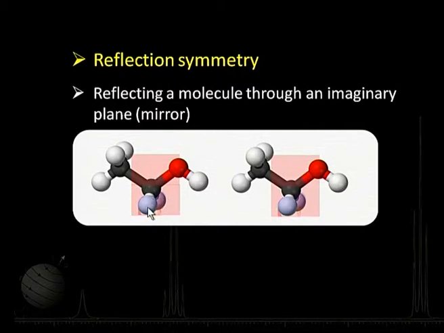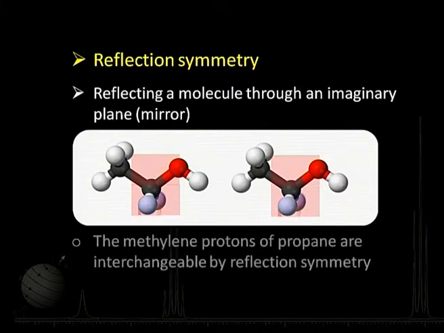That means this proton is a reflection of the one behind it, and the one behind it is a reflection of this one here. So, if I reflect this molecule through this plane, I can't distinguish between the molecule after the reflection and prior to that. This essentially means that this molecule contains an imaginary plane, called a mirror plane, and this kind of symmetry is referred to as reflection symmetry.